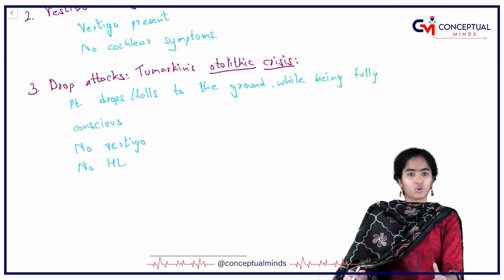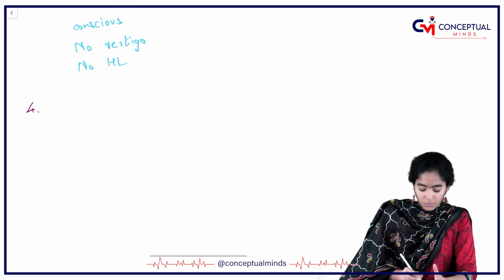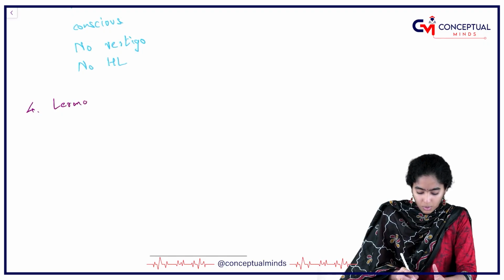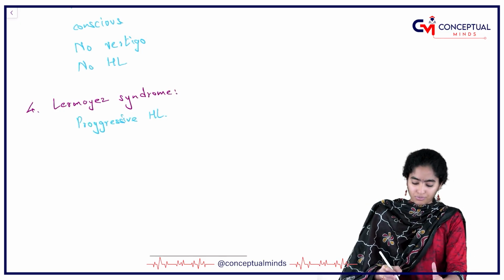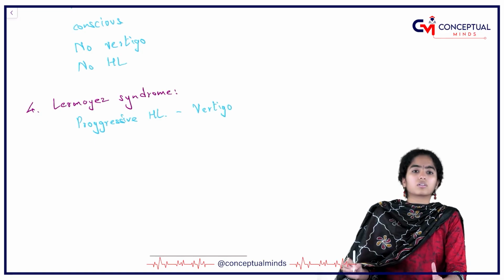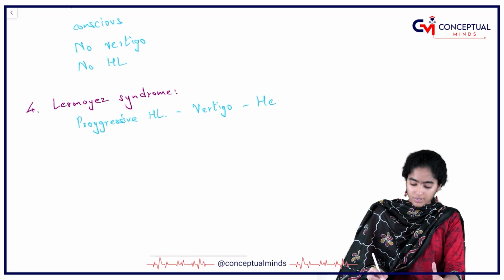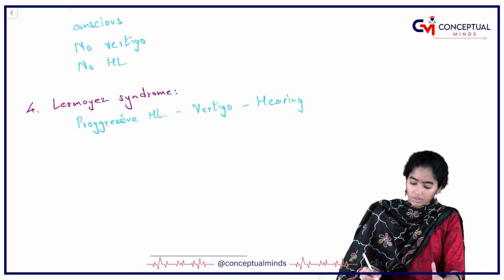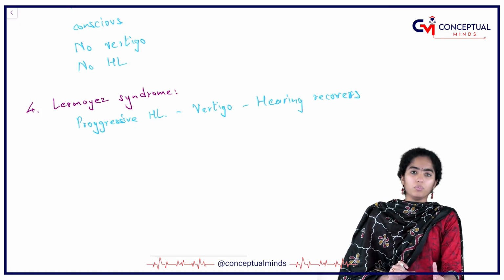This is drop attacks. And then we have the last variant, which is called Meniere's syndrome. And this is followed by an attack of vertigo. And then the hearing recovers. In normal Meniere's disease, first there is vertigo.